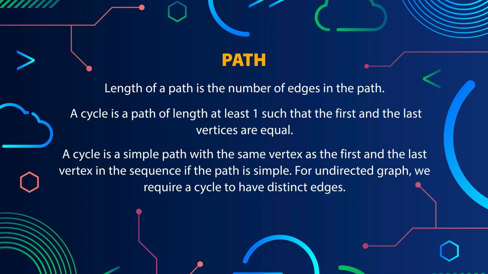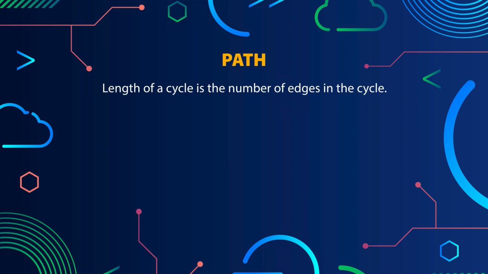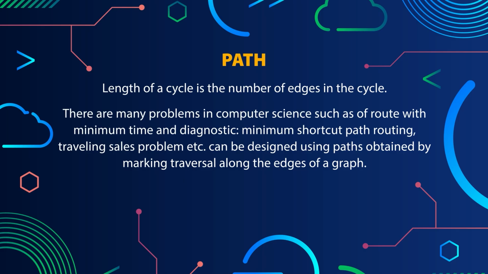For an undirected graph, we require a cycle to have distinct edges. The length of the cycle is the number of edges in the cycle. There are many problems in computer science, such as route with minimum time, minimum shortcut path routing, the traveling salesman problem, etc., that can be designed using paths obtained by traversal along the edges of the graphs.